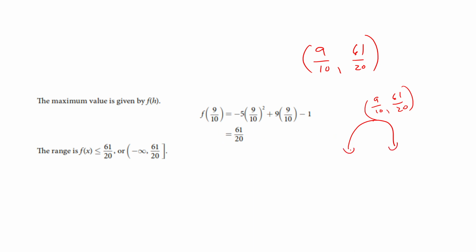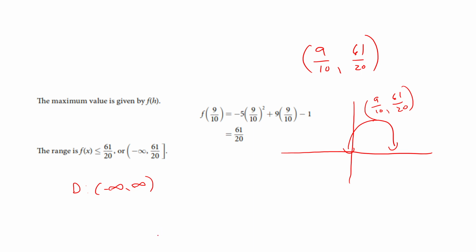All right, now let's do our domain and our range. If we look for the domain of a quadratic, it's like we're moving over here. Because of the arrows, it may not look like it, but this extends forever in either direction. So the domain of a quadratic equation is always everything.